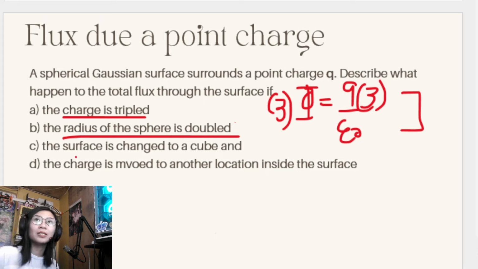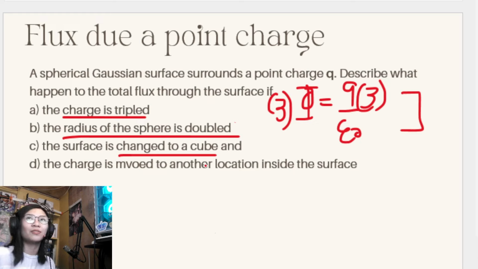Now, how about if from sphere, ma-change siya into cube? Still the same, it will have no effect sa imuhang electric flux. Dili siya maka-affect. Your electric flux will remain the same as is, pareho siya sa imuhang sphere.